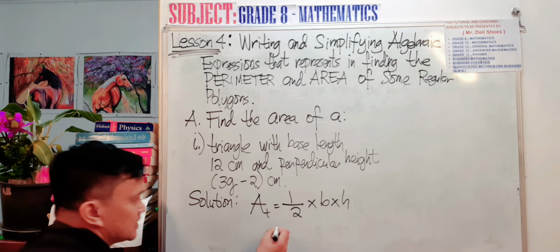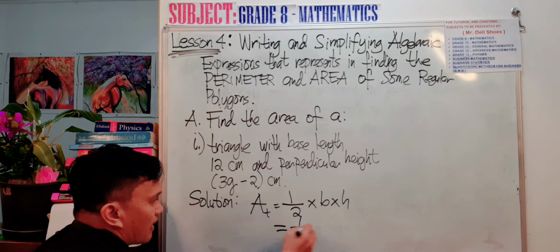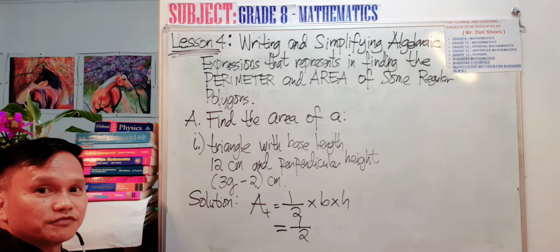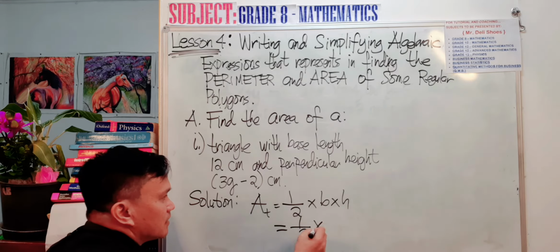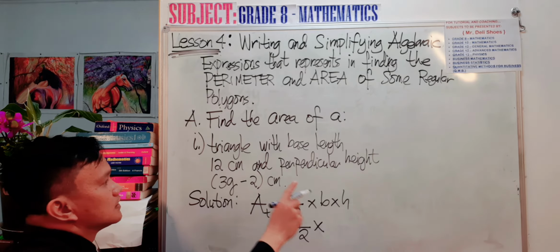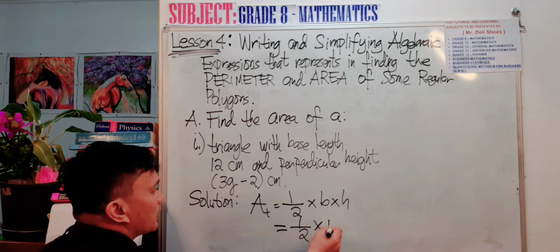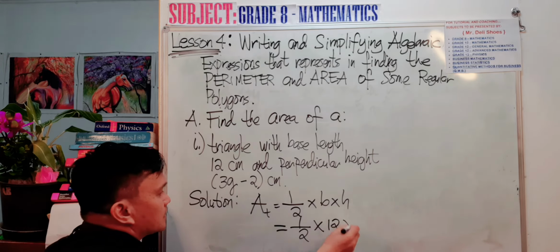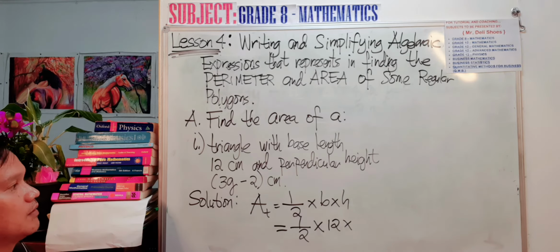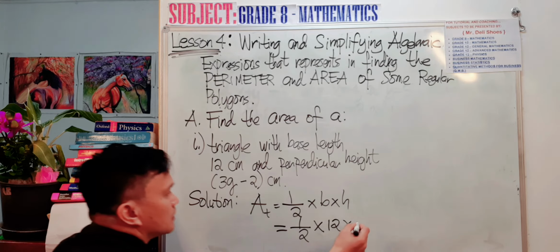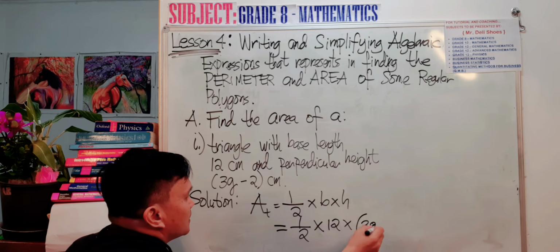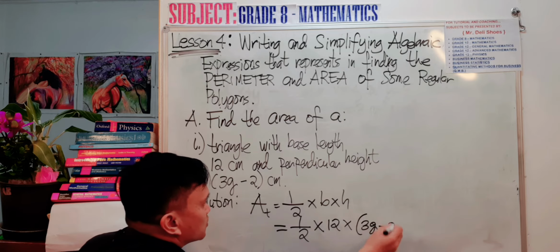So I like this one here: 1/2, times our base 12 centimeters, multiplied by our perpendicular height, 3g minus 2.